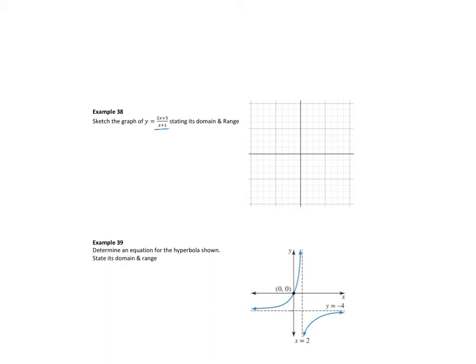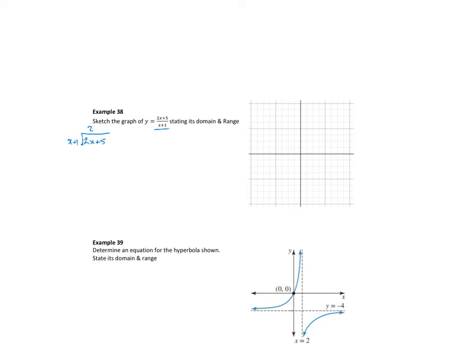So in this instance here, we can see that the power of the x term is 1 on the numerator and also the denominator. So we can do a division first. X plus 1 goes into 2x plus 5.